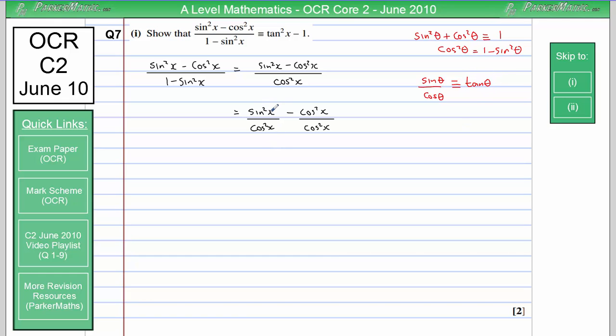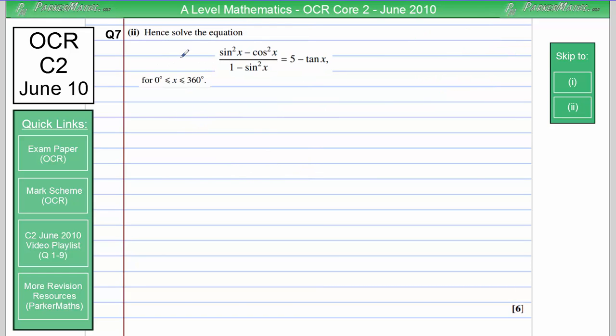So remember, sine squared x just means sine x squared. So here I've got sine x over cos x squared, which I can write as tan x squared, or more commonly you write it as tan squared x. Here I've got cos x squared over cos x squared. Well, anything divided by itself is going to give me 1, so I get tan squared x minus 1.